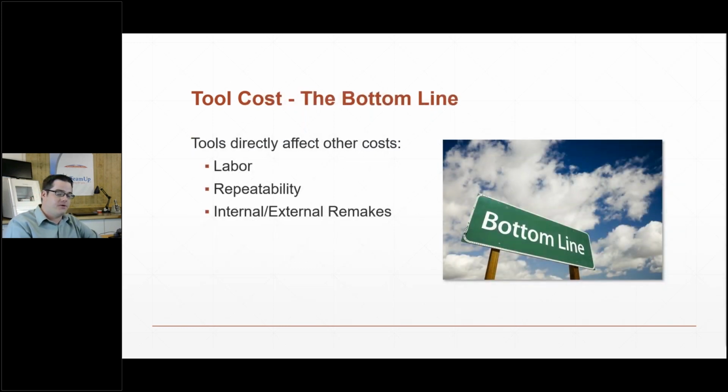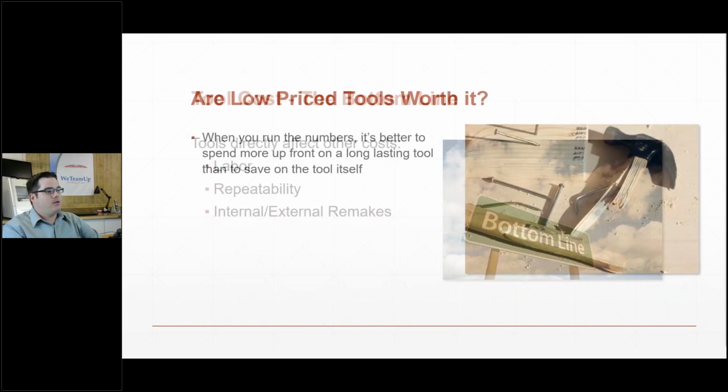And then the biggest thing we're concerned about in the lab, obviously, is cost. So this is a little breakdown on how tooling kind of works into your cost per unit. Not only does the actual tool cost come into play, but it also affects your labor rates and repeatability in the form of your remake rates, which is a very important metric in the lab, as we all know.